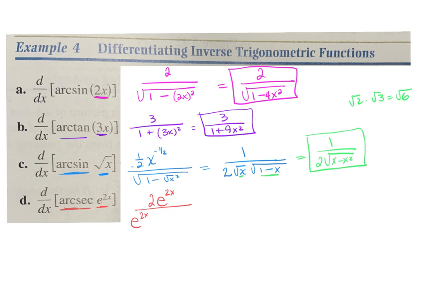You can just do this guy. And then we have the square root of e to the 2x squared minus 1. Would you take off if we put it in the absolute value? No, I mean, you can put it in there if you want to, but it's not necessary.